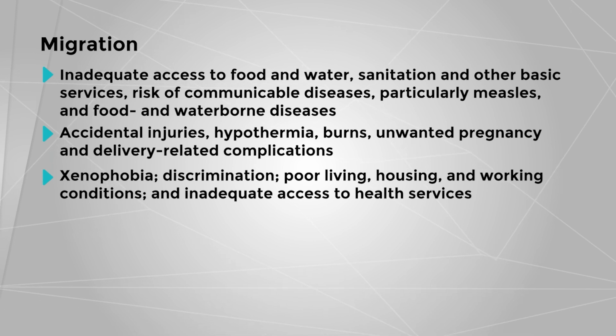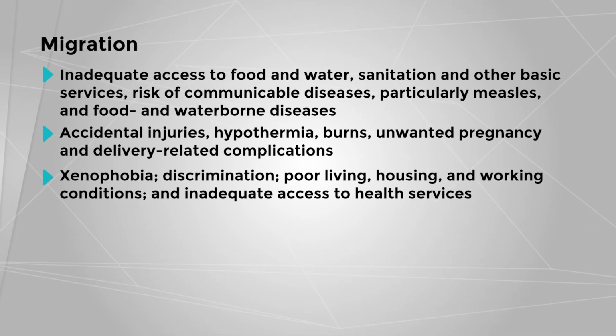Refugees and migrants remain among the most vulnerable members of society, often faced with xenophobia, discrimination, poor living, housing, and working conditions, and also inadequate access to health services despite frequently occurring physical and mental health problems.